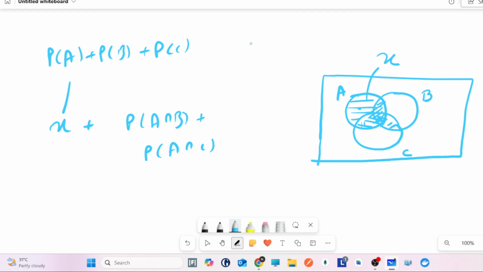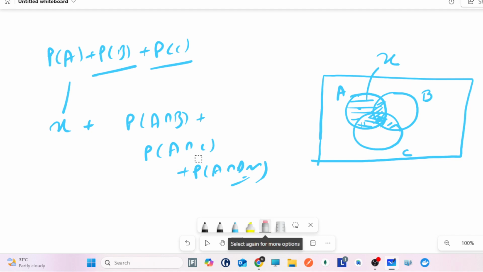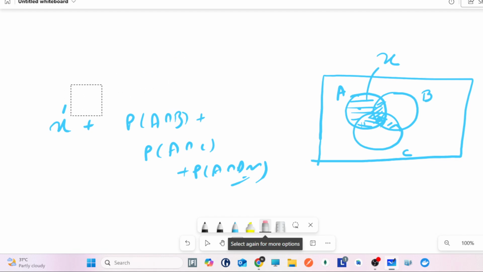And this middle one plus P(A intersection B intersection C). Similarly you can write P(B), similarly you can write P(C), and we will come out to a final formulation. I'm going to directly write the formulation because the derivation is a bit lengthy and not necessary as well, right?